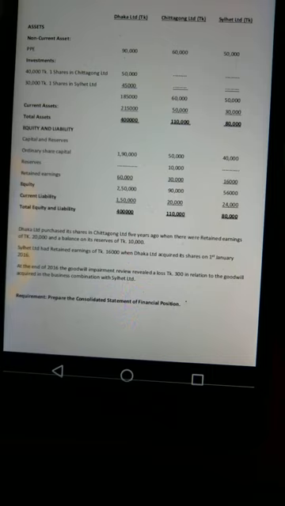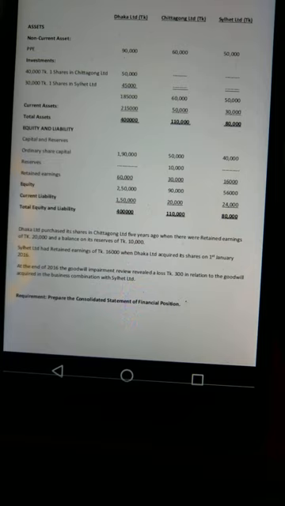So Dhaka Limited owns 50,000 of Chittagong Limited's shares, and here we can see that Dhaka Limited also owns 45,000 Taka of shares in Sylhet Limited. As we have understood, Dhaka Limited owns the investments in both Chittagong Limited and Sylhet Limited.